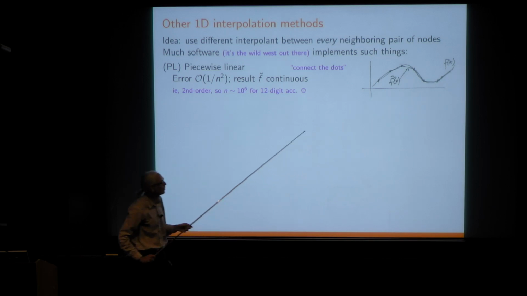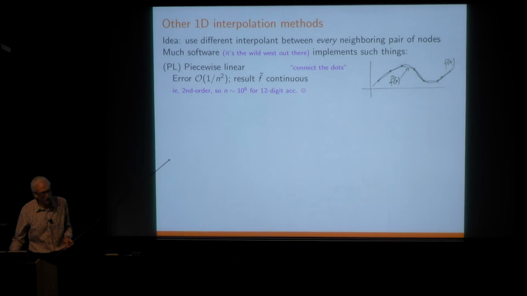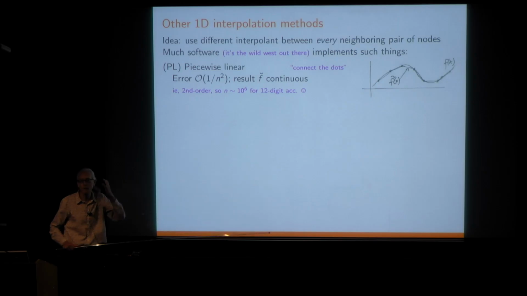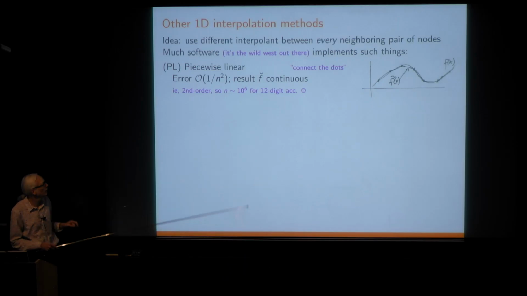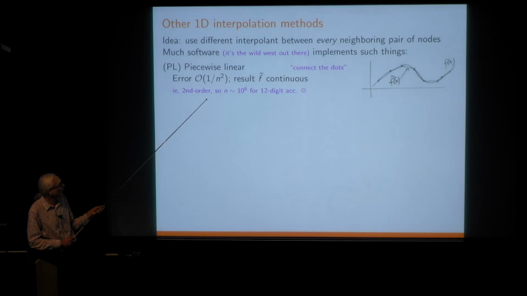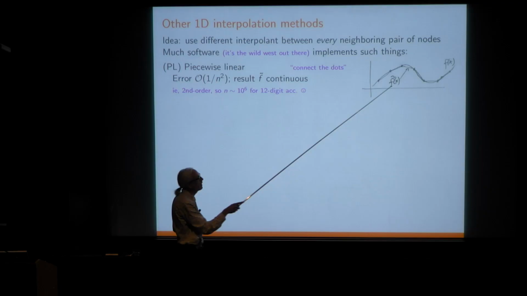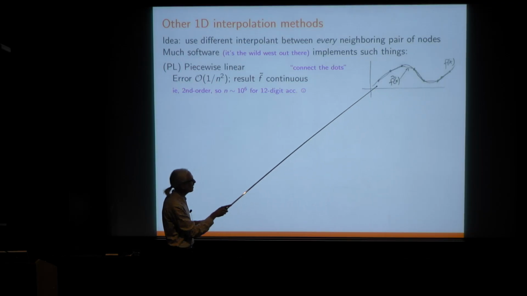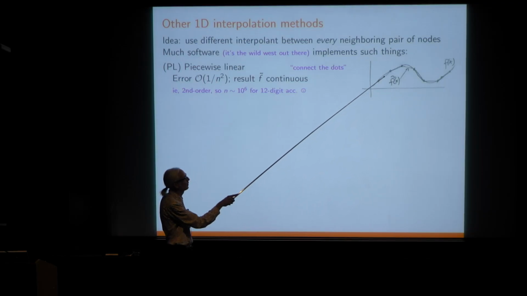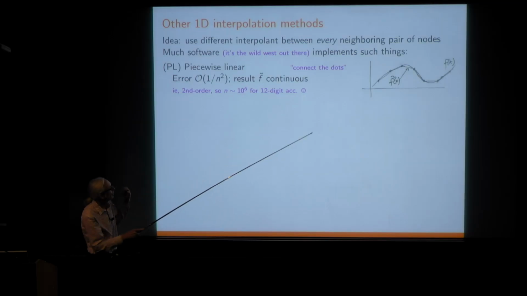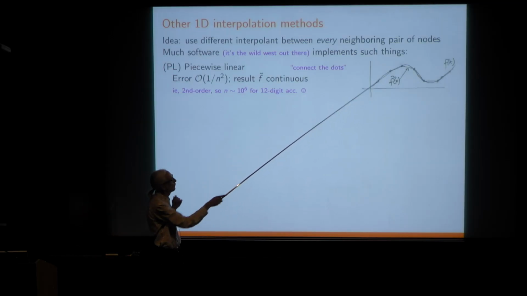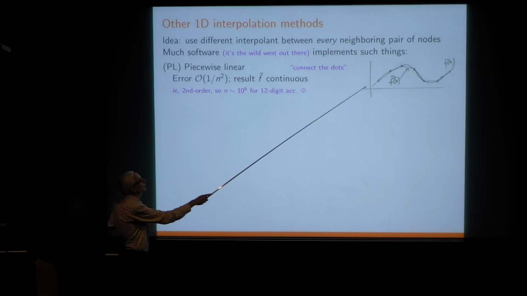People actually release libraries for this, but that's because maybe they have a very fast way of figuring out in which interval your point is, things like this, right? Now, how accurate is that? Well, if n is the number of nodes, it's the gap between the function and the straight line, and the spacing h is 1 over n, and this will go like h squared.